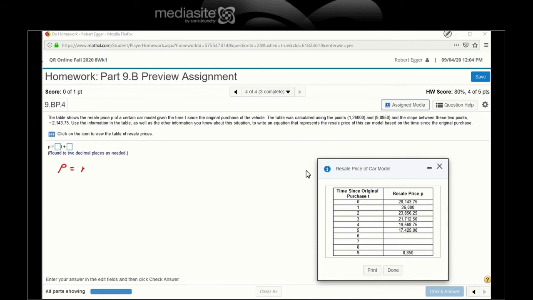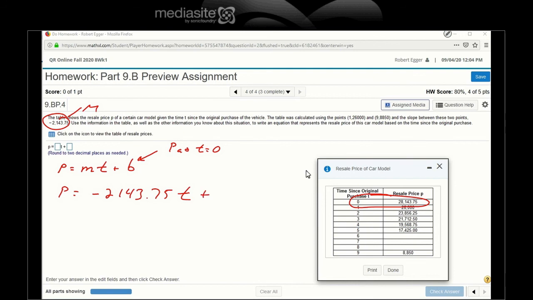P equals slope times T plus B, and this is when P at T equals 0, and we have that number, and we have the slope, so P should be minus 2143.75 T plus 28,143.75.